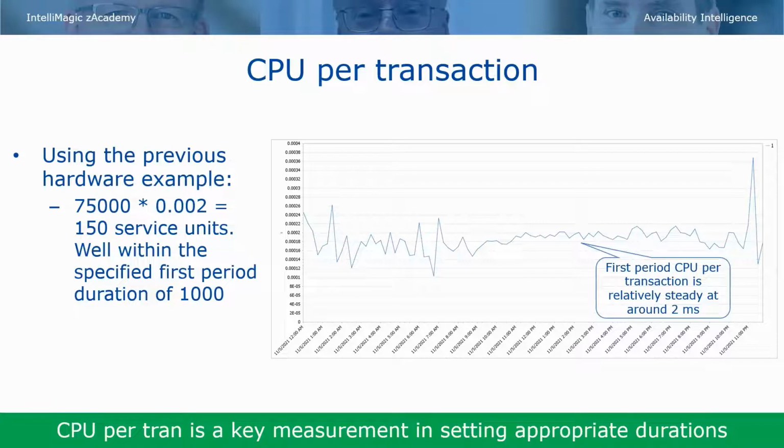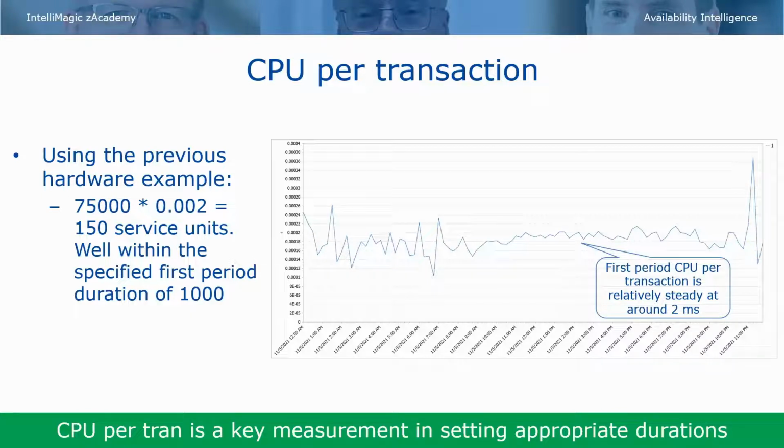And in order to check CPU consumption in this case against duration, you want to be able to separate by period, which you can do within the 72s. You want to ensure you're only counting the transactions that completed within your period. With CPU per tran, you can easily convert that to a service unit value for your specific hardware.